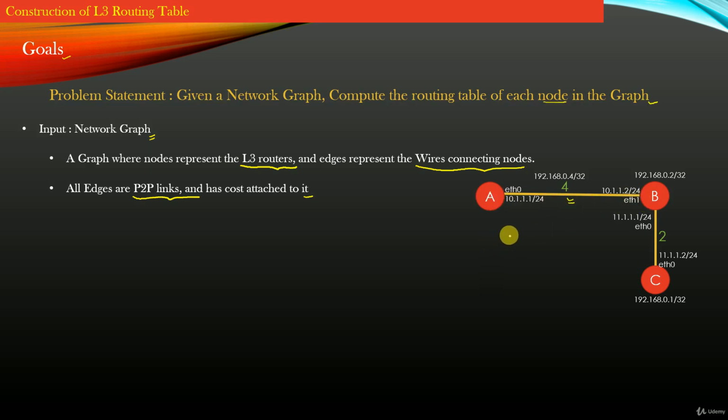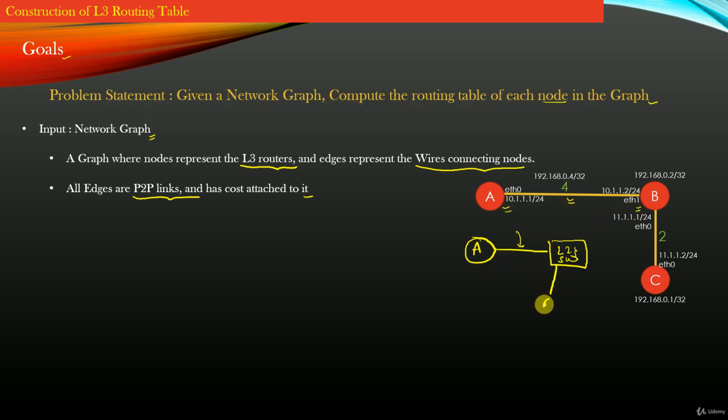And what link is not a P2P link? For example, this particular link is not a P2P link, which is connecting the device A with the L2 switch. A P2P link is a link which connects two L3 devices together.